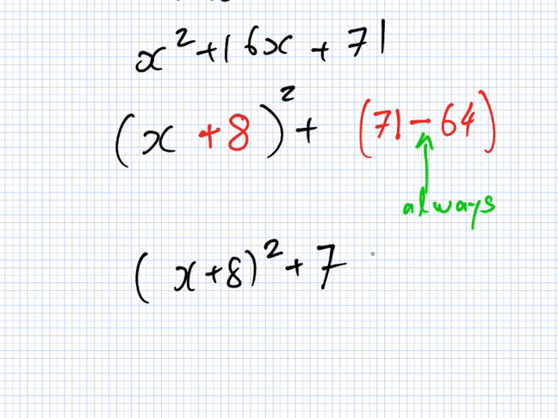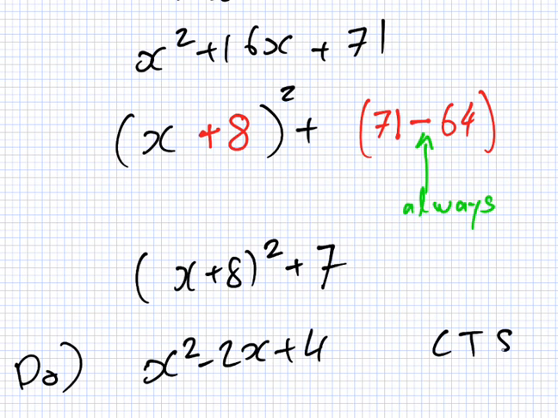Okay, I'll give you one to do for me. So what I want people to do for me is to do this one. Let's find one with a minus in it. X squared minus 2x plus 4. I want everybody to do this. Complete the square for this, please.